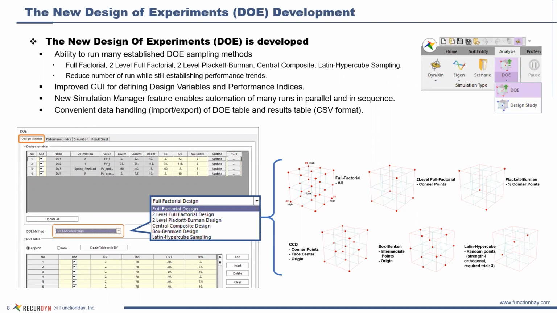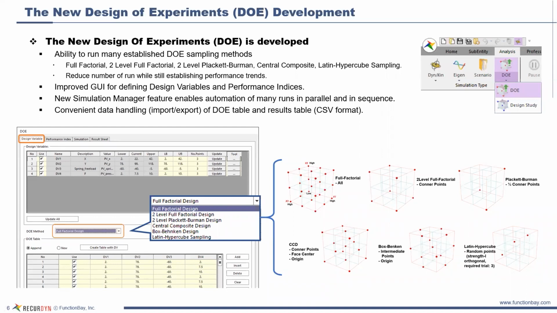Another nice enhancement is the new design experiment capability in RecurDyn. One of the main advantages here is that you can now choose to run some of these well-established DOE sampling methods.